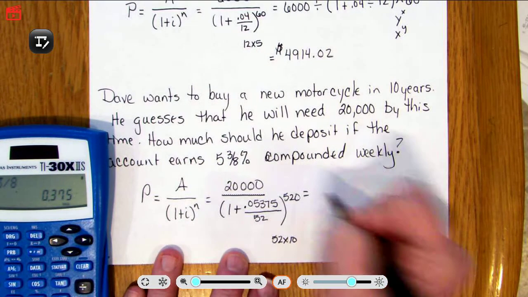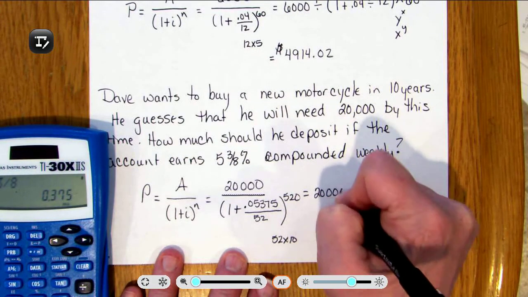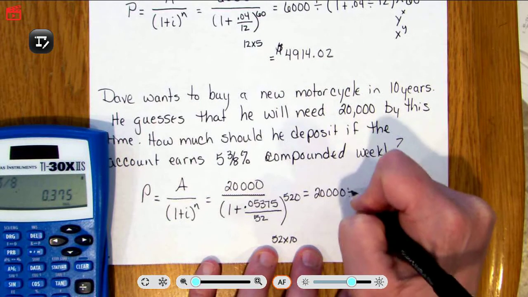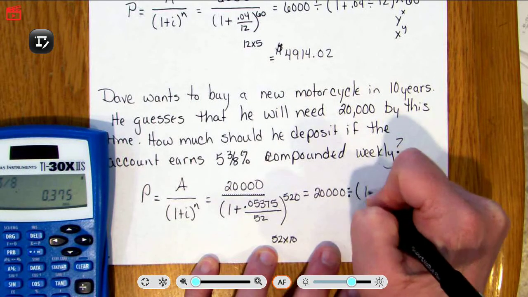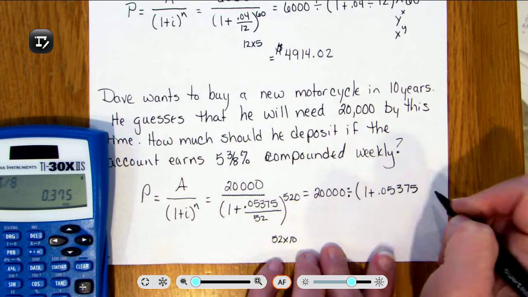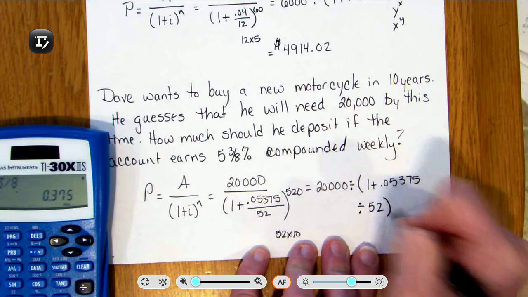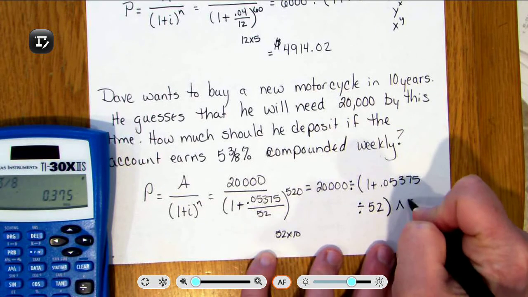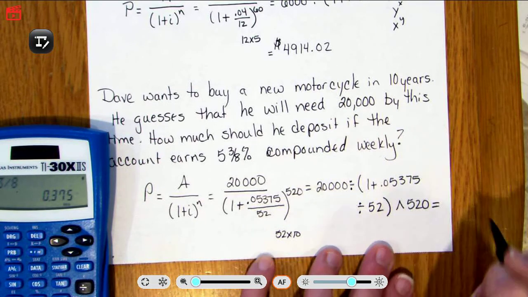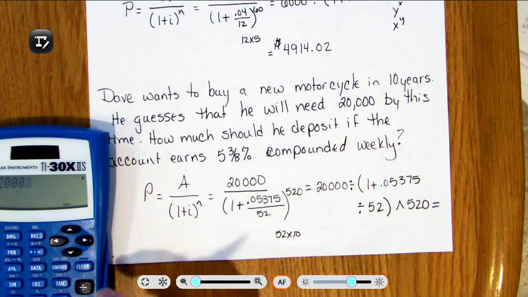So our keystrokes, 20,000 divided by 1 plus 0.05375. So we're out of room. Divided by 52. Close the parenthesis, raise it to the 520th power, hit your equal button. So 20,000. Oops.